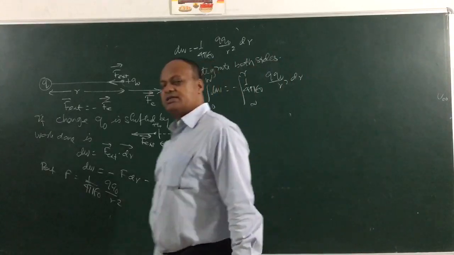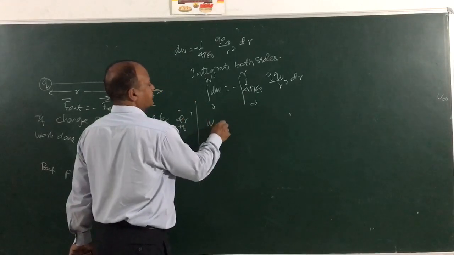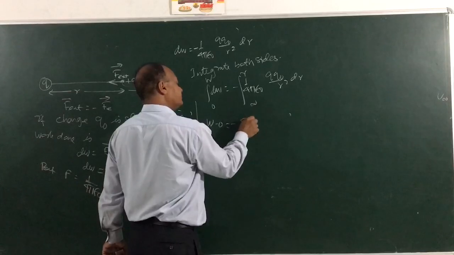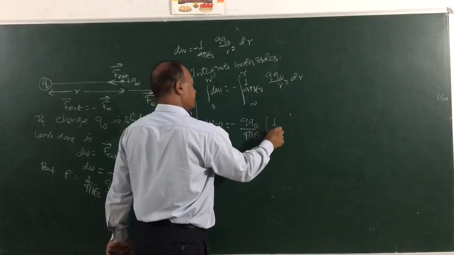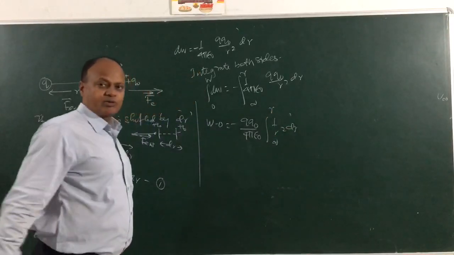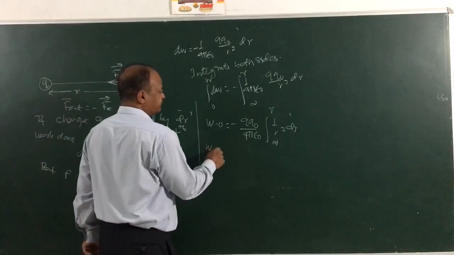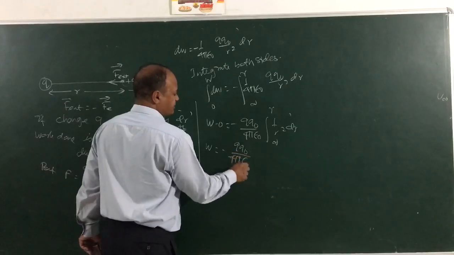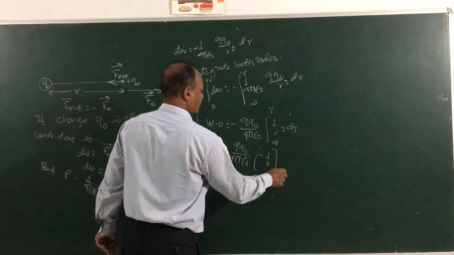If we set up all these limits and solve, then W minus 0 equals minus Q Q naught by 4 pi epsilon naught, as epsilon naught is a constant, times the integral of 1 by r square from infinity to r. The integration of 1 by r square is minus 1 by r.